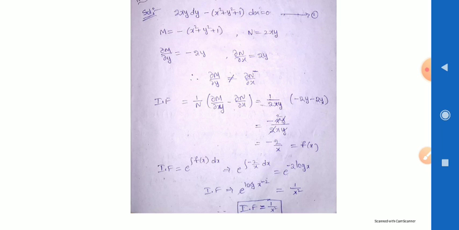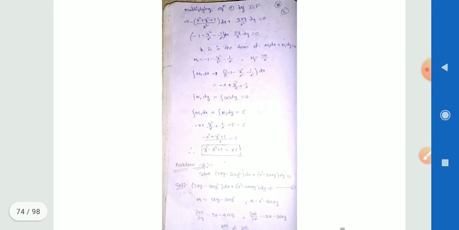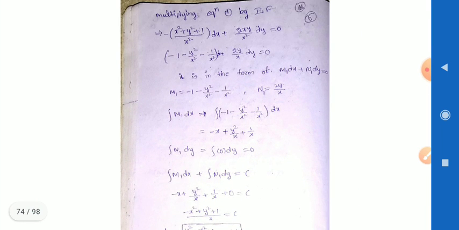Here exponential and log cancel, then we get the integrating factor 1/x². Then 1/x² is multiplied to the above equation 1, we get −(x² + y² + 1)/x² dx + 2xy/x² dy = 0. By simplifying we get (−1 − y²/x² − 1/x²) dx + (2y/x) dy = 0, which is in the form of M1 dx + N1 dy = 0. Here the M1 value and N1 value are given.